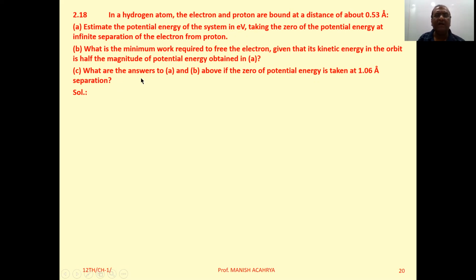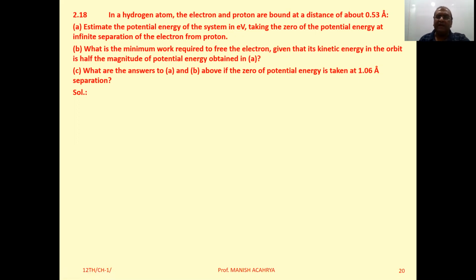C. What are the answers to A and B above if the zero of the potential energy is taken at 1.06 angstrom?